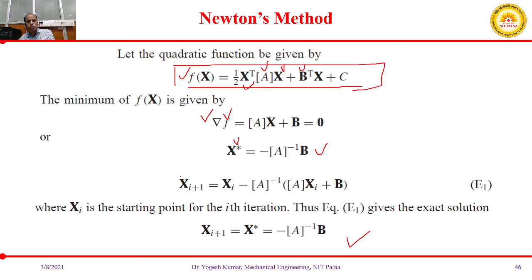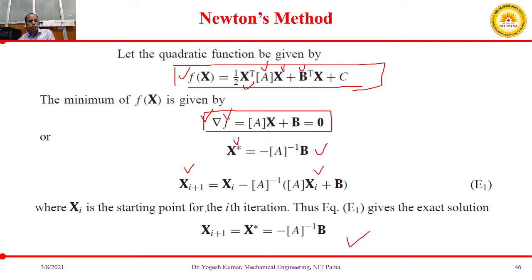So this way you may keep continuing to calculate the value of the next optimum point, or you will continue to search for the optimum point until the condition that gradient of f is equal to 0 is satisfied.